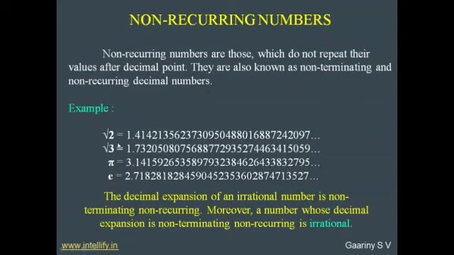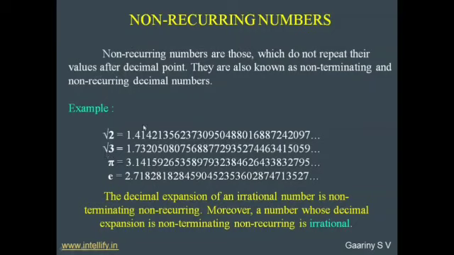Here we have few examples of those. The root 2 value is equal to 1.414213 etc. It goes on. It never ends. So it is non-terminating and the number is not repeated. So it is non-recurring. Let us see another example here. Root 3, 1.732.